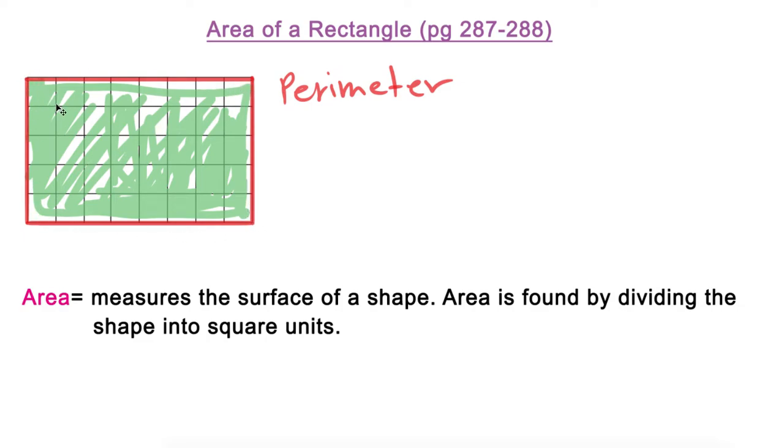If I want to figure out how many square feet or square yards of grass I would need to buy, I would figure out area, because that is all of this inside part. So we're going to continue learning more about area.